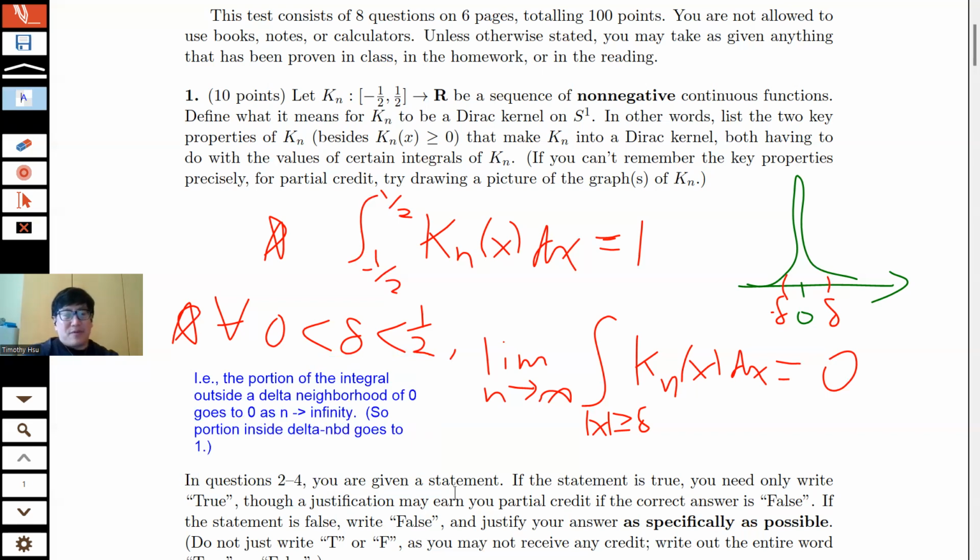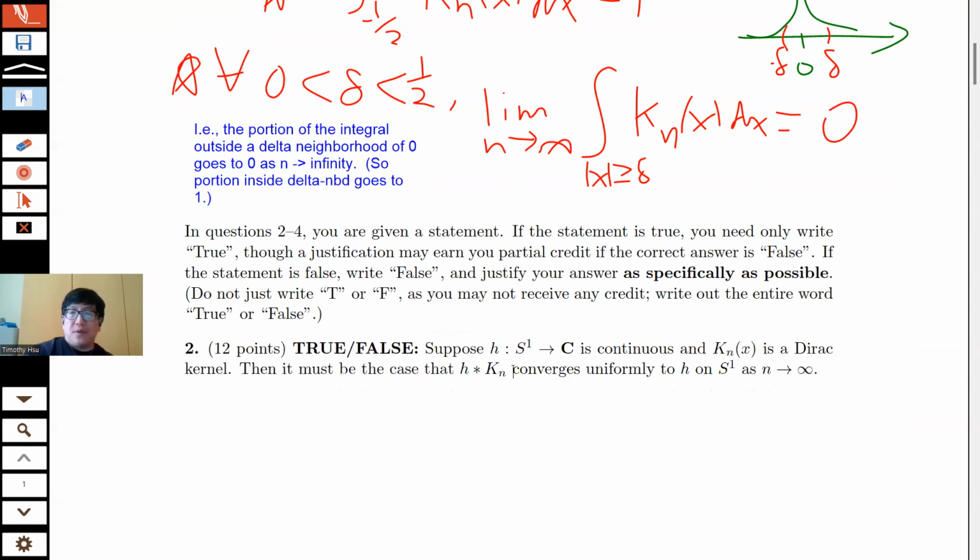So if the percentage outside the delta neighborhood goes to 0, that means the percentage inside the delta neighborhood goes to 100%, which is 1. So make sense? Okay, so now on to number 2.